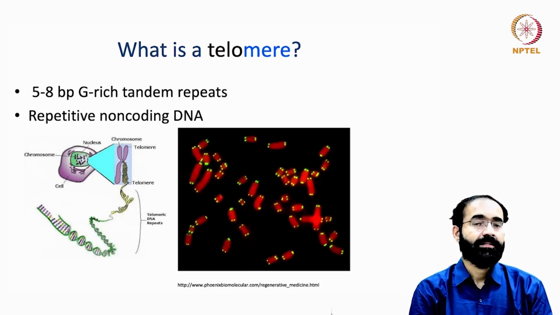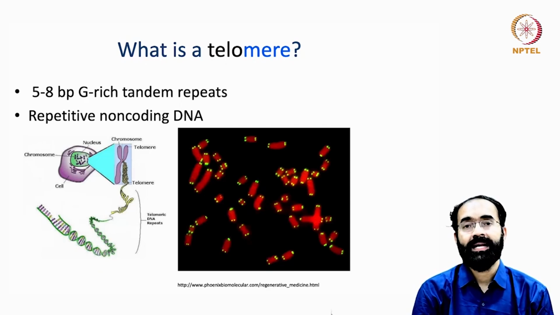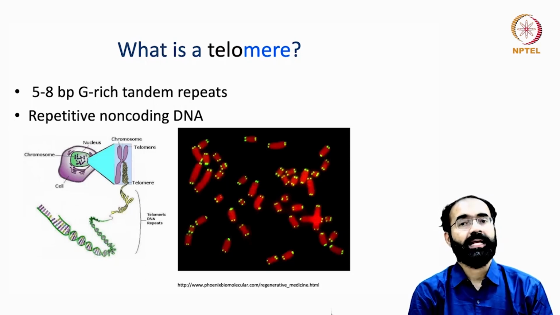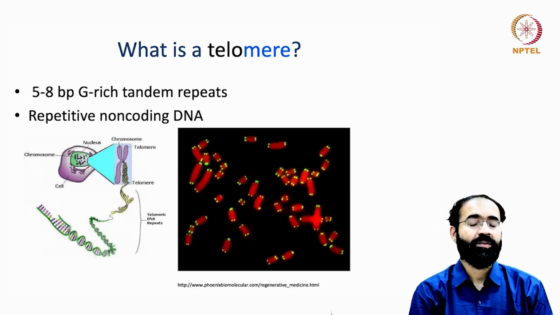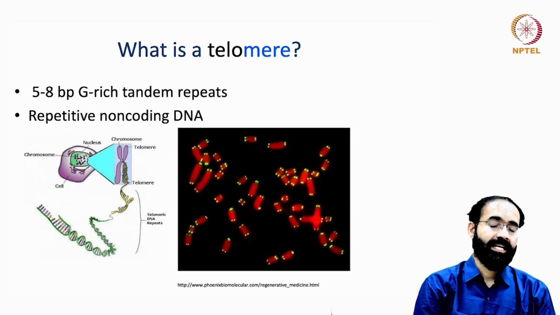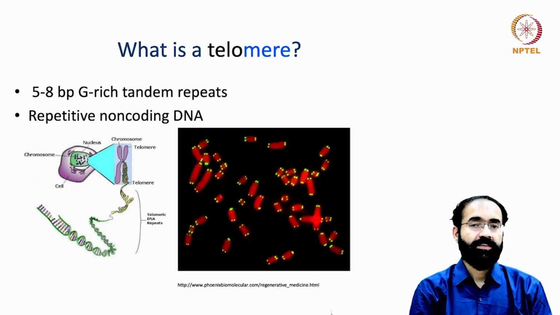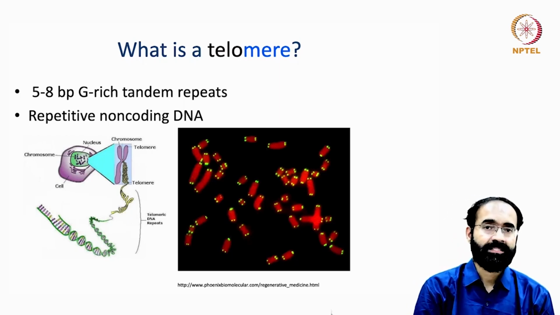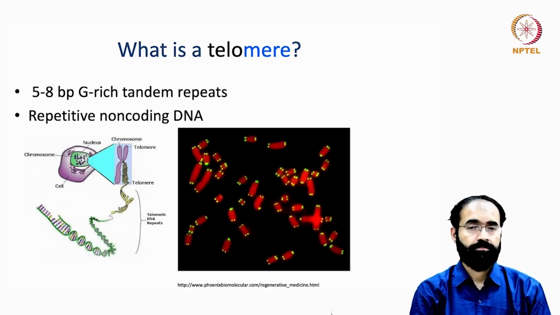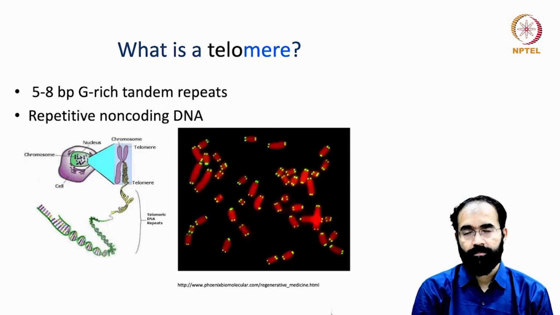So when there is no place for the RNA primer to bind, that leads to an end replication problem. If I want to tell you, say a DNA end is from 1 to 100, so for convenience let us assume a chromosome is 100 bases long. Actually it is millions of bases.